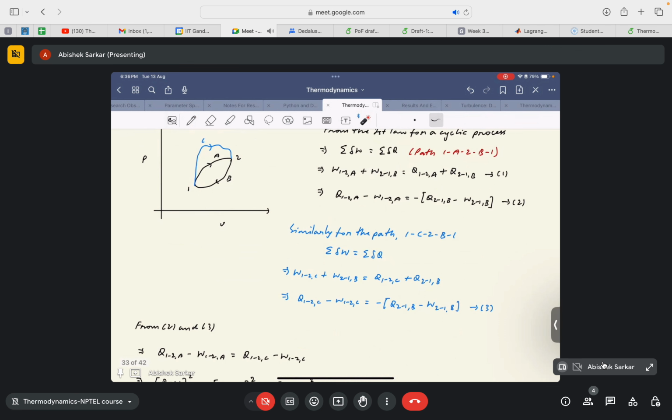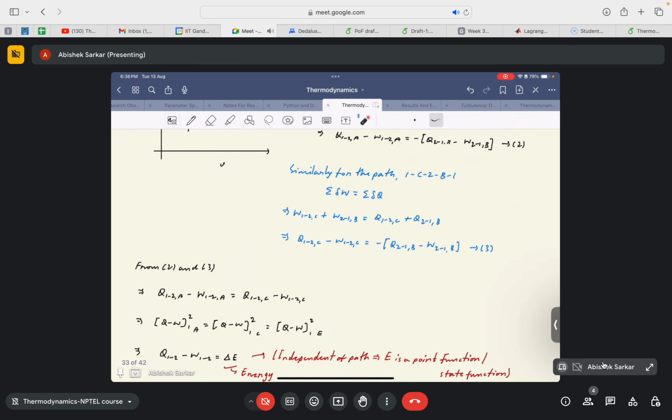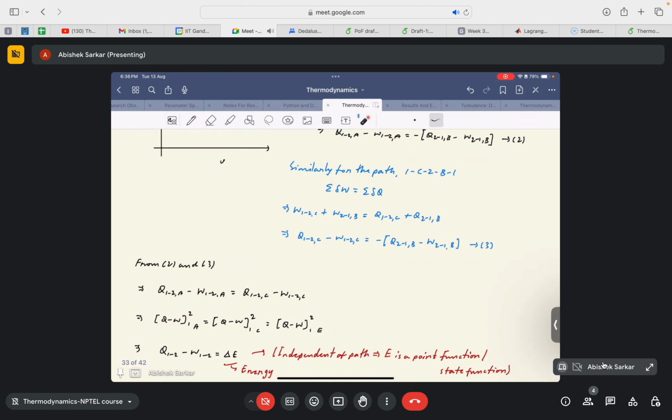Then we do the similar manipulation as in equation 2, and write Q12C minus W12C equal to minus Q21B minus W21B. This gives us equation 3. Now if we compare equations 2 and 3, you will see that Q12A minus W12A is equal to Q12C minus W12C. So this difference between the net heat transfer and work transfer remains constant across different paths.